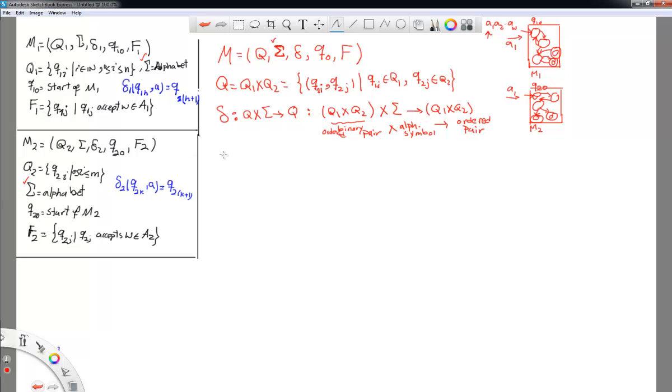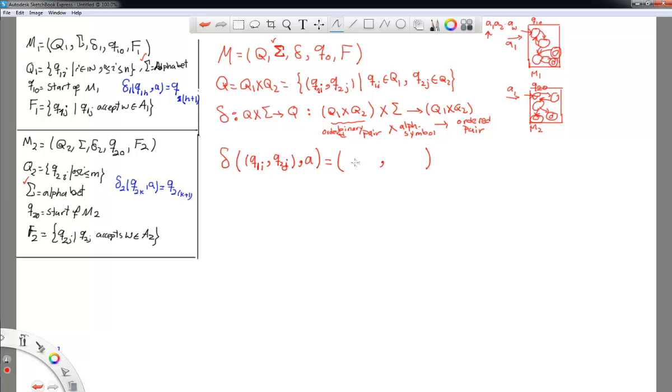So how will I define it? I'll say that the delta of Q sub 1 I comma Q sub 2 J, the cross product of these and A from my alphabet, is going to be equal to an ordered pair. And what is each of these going to be?